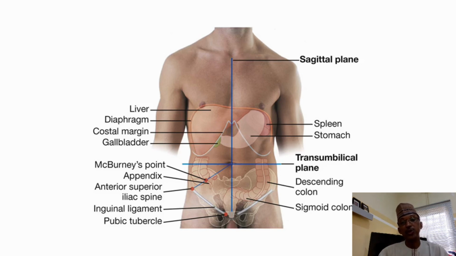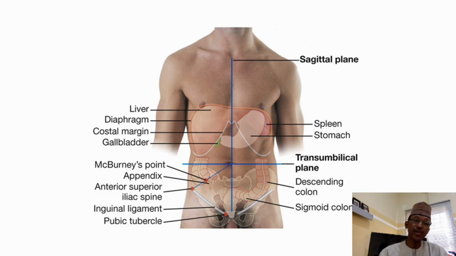The spleen is located just on the superior side of the stomach, that means on the left hypochondriac region, while the gallbladder, located just below the liver, is on the right hypochondriac region. Again, the two kidneys, both the right and the left, are located in the upper part of the abdominal cavity.